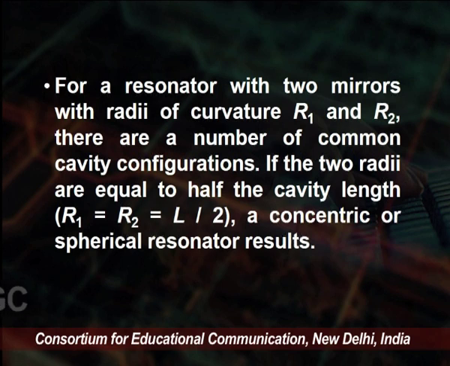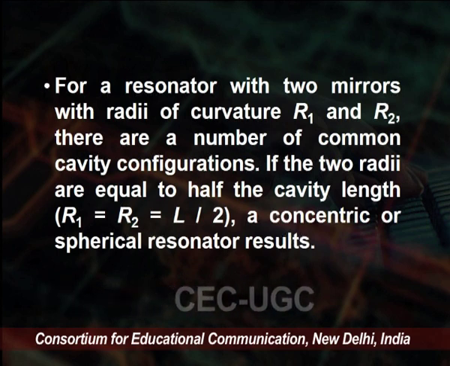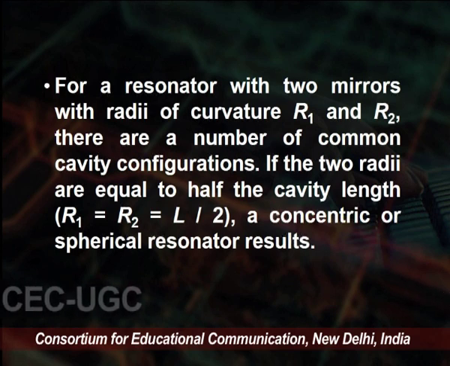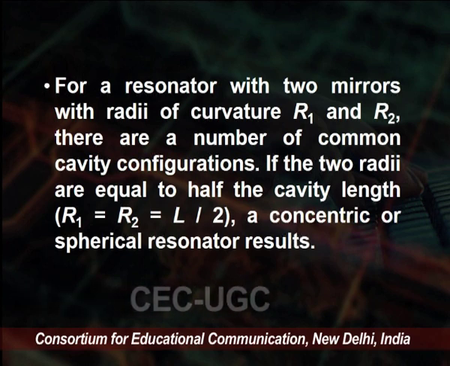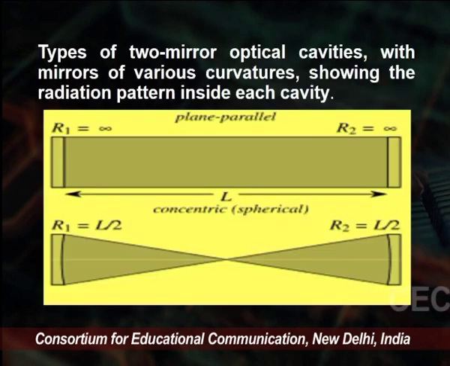If the two radii are equal to half of the cavity length, that is R1 is equal to R2 is equal to L by 2, where L by 2 is half of the cavity length, so as the cavity length is L, but here we are taking half of the cavity length, a concentric or spherical resonator results. So this is what we define here.